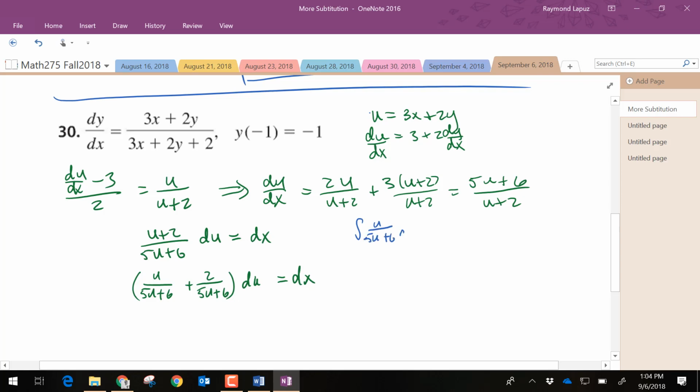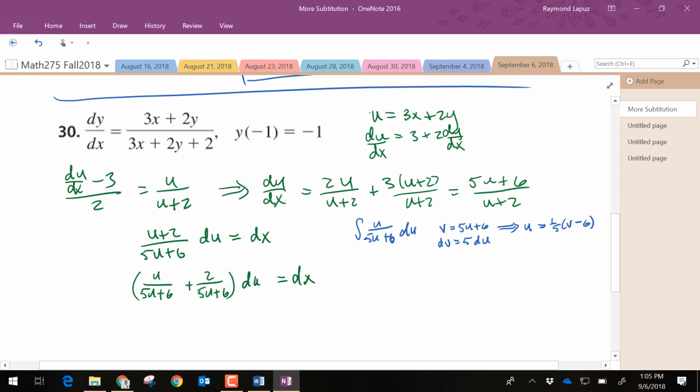So the integral of (u plus 2) over (5u plus 6) du, well, I can't do u substitution. Let's do v. v equals 5u plus 6. dv equals 5 du. And then you also need to replace this u. u is equal to 1/5 v minus 6.